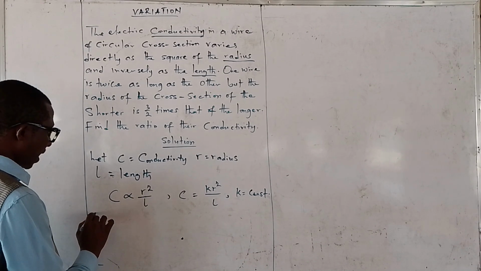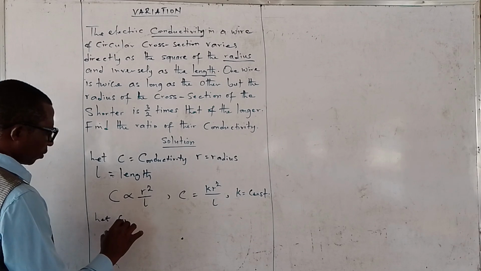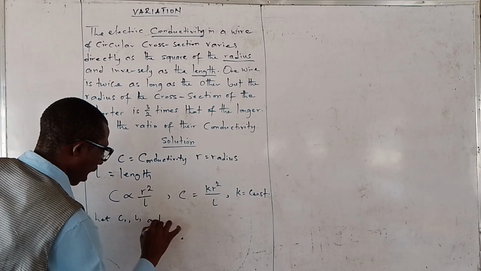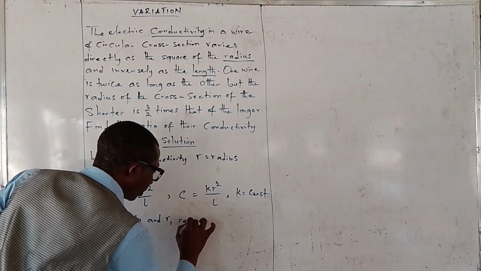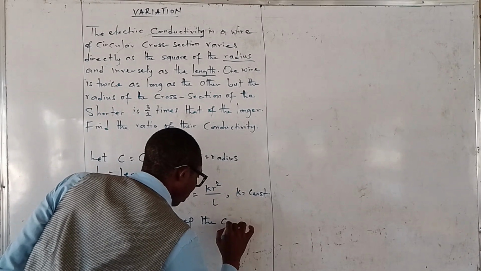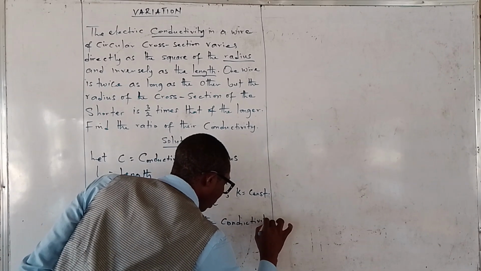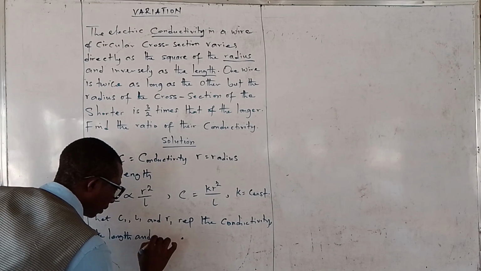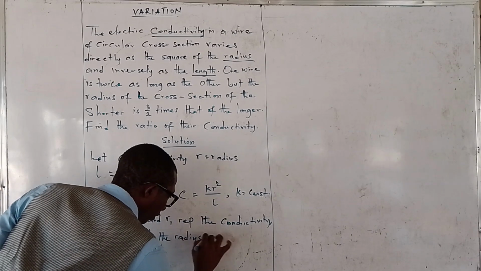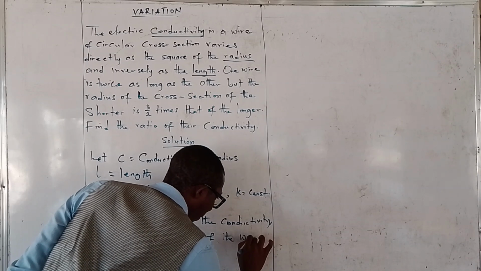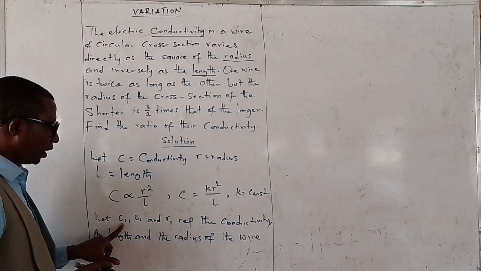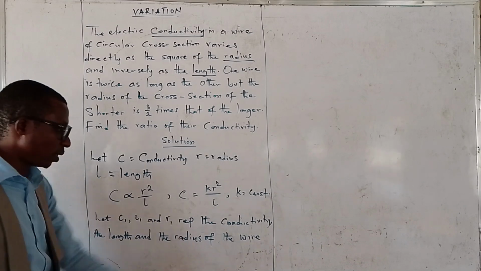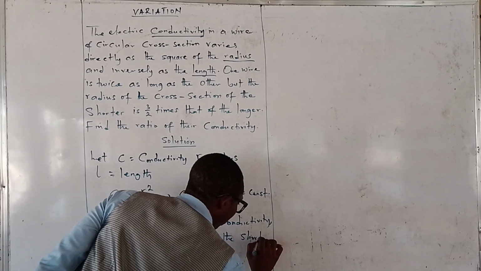Let's say C1, L1, and R1 represent the conductivity, the length, and the radius of the shorter wire.